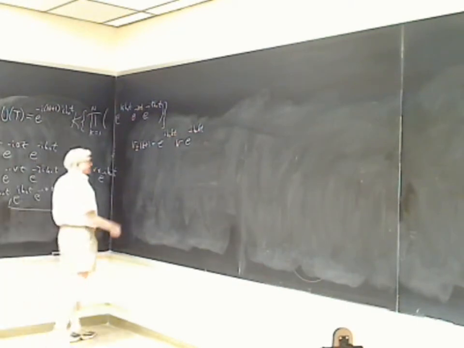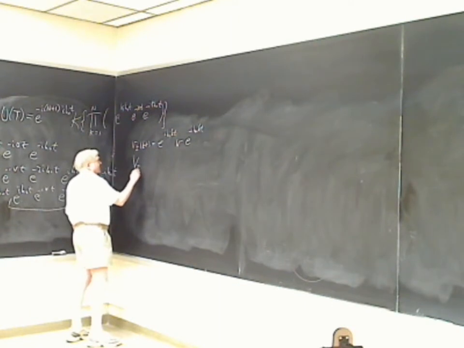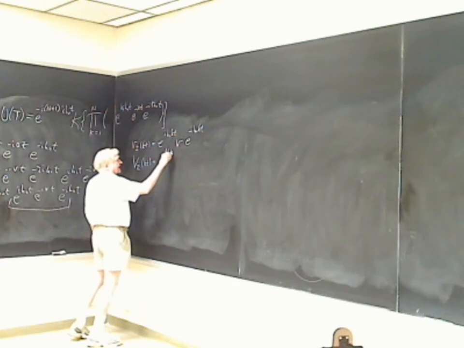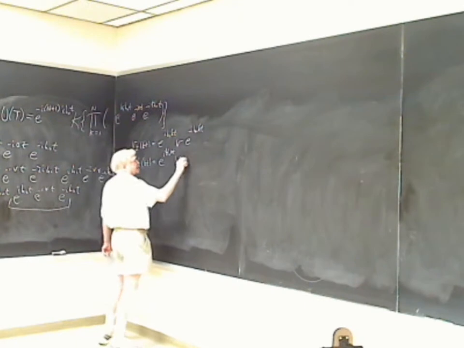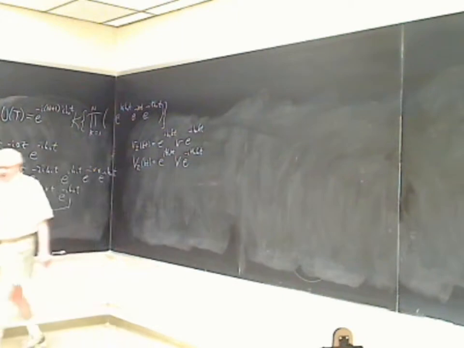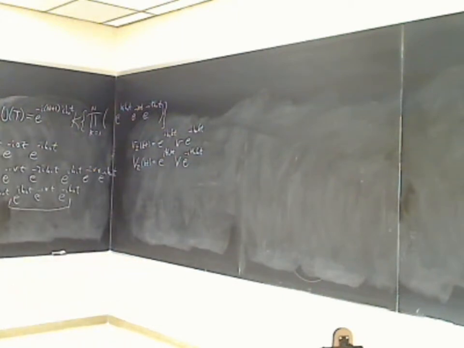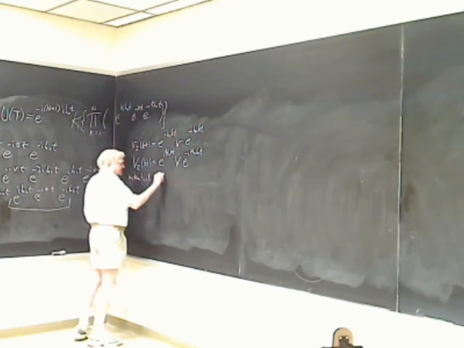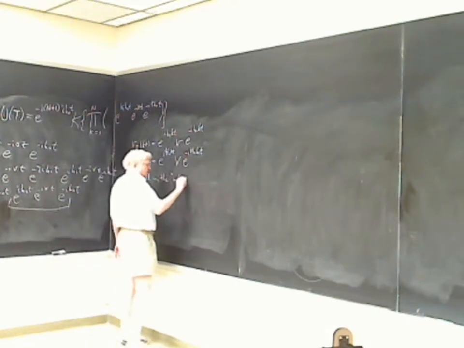Or equivalently, if we put back in the H bars, the potential at time KT is e to the I H0 KT V e to the minus I H0 KT. Okay, where K is some integer, so KT is presumably finite. This is said to be the potential in the interaction picture.